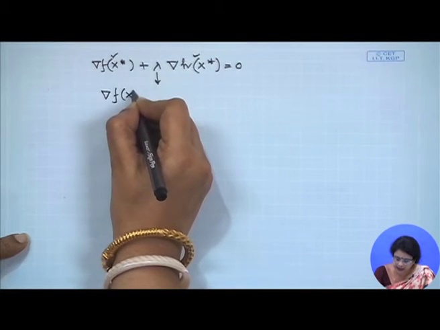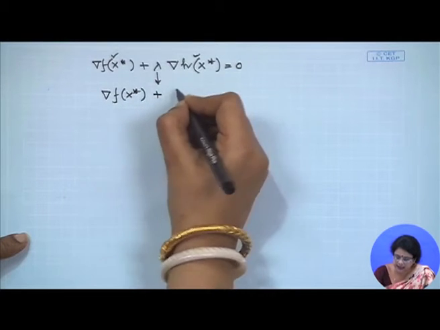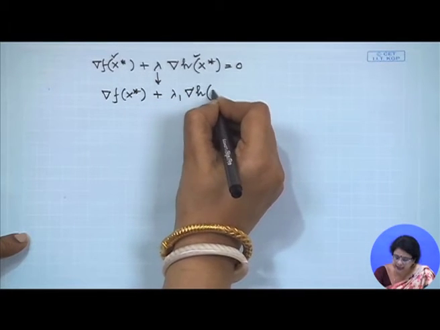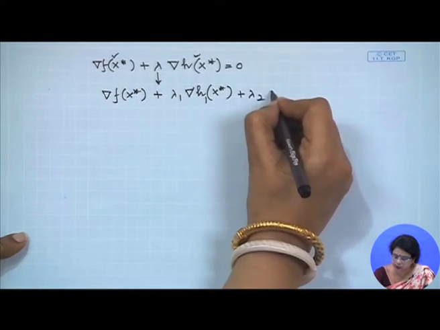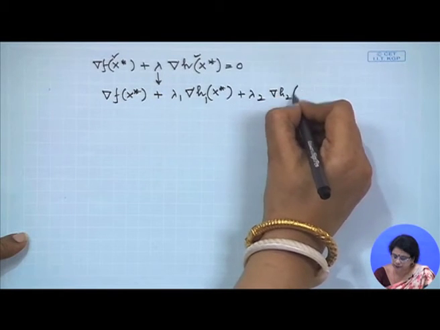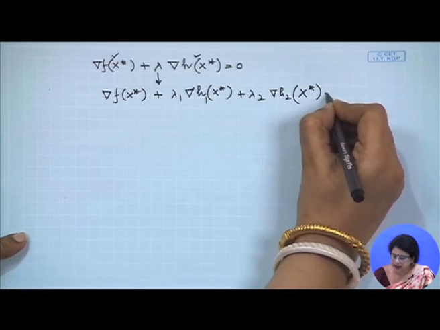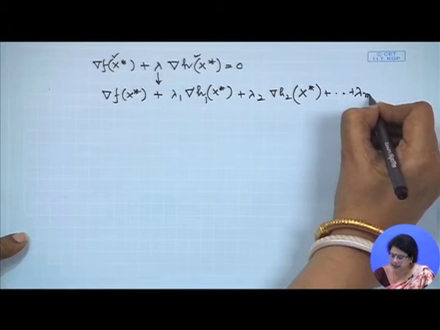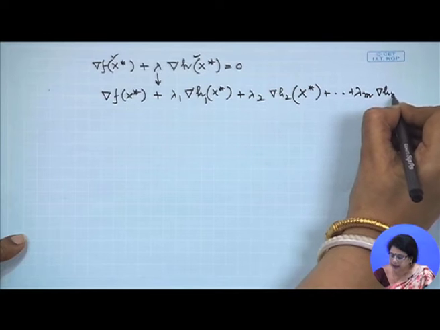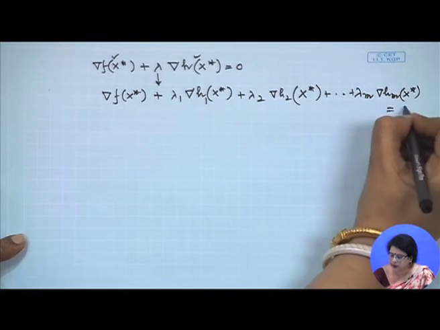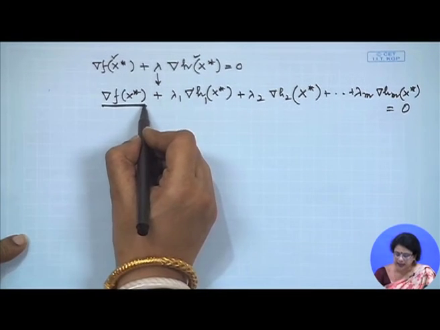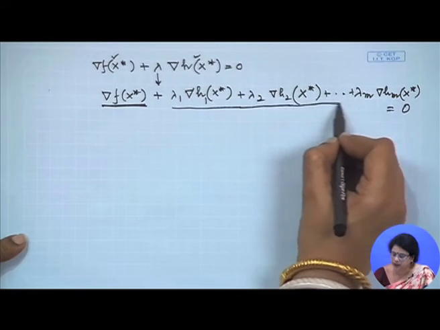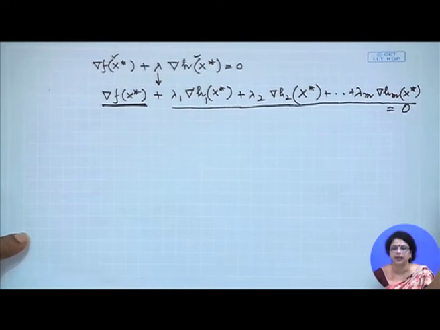We write grad of f at x star plus lambda 1 grad of h 1 at x star, plus lambda 2 grad of h 2 at x star, up to lambda m grad of h m at x star, if there are m constraints, is equal to 0. That is why we can say the gradient of the objective function can be written as a linear combination of the gradients of the constraints. Therefore, we need to understand the meaning of it.